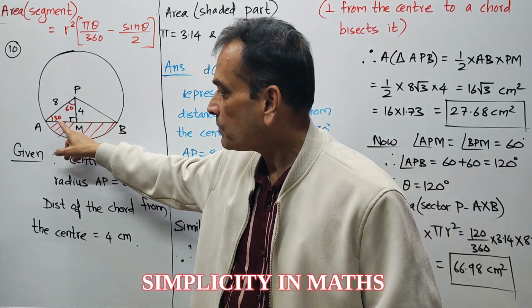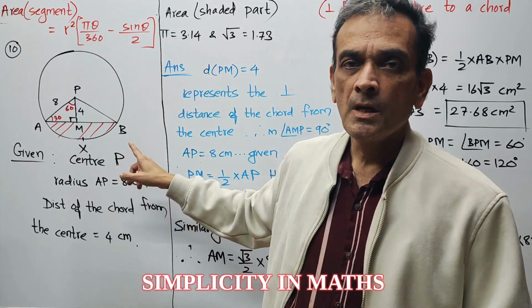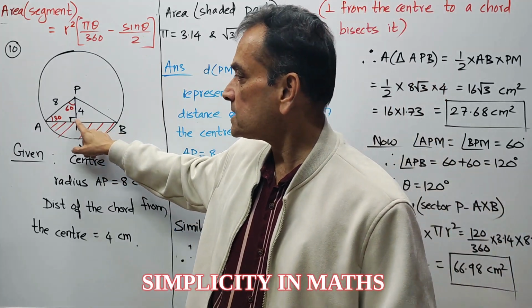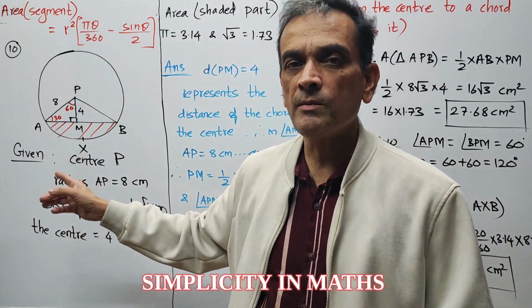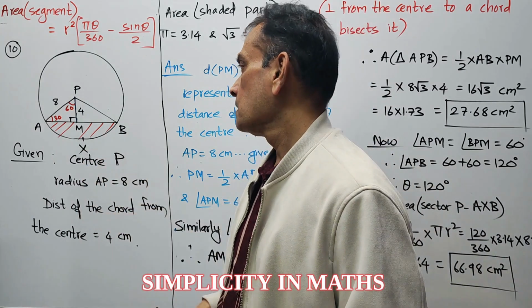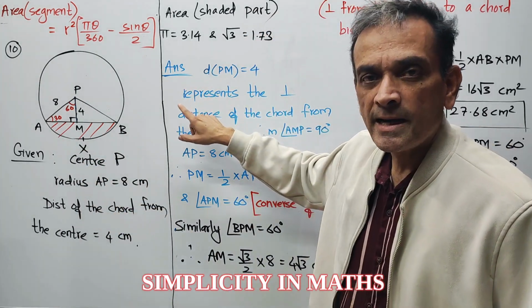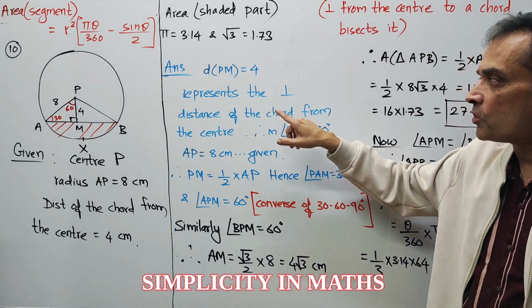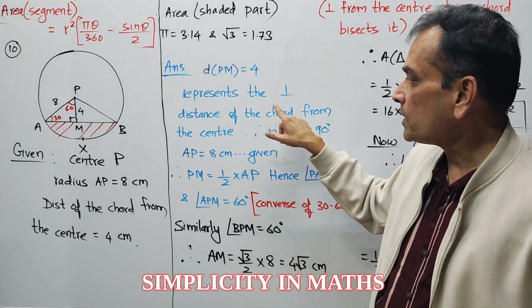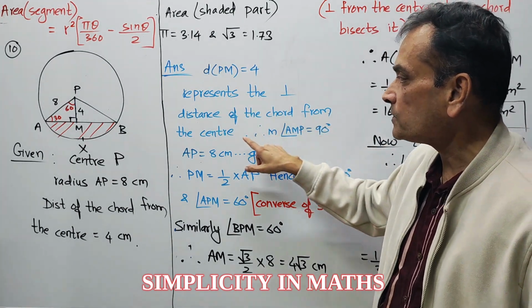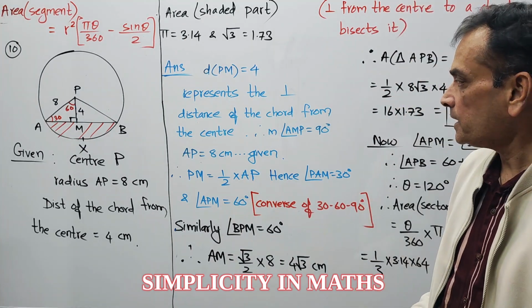That means PM is perpendicular to AB. In the textbook, they haven't given this angle as 90, but obviously it will be 90. So we have started by taking distance PM equal to 4, which is given, represents the perpendicular distance of the chord from the center.